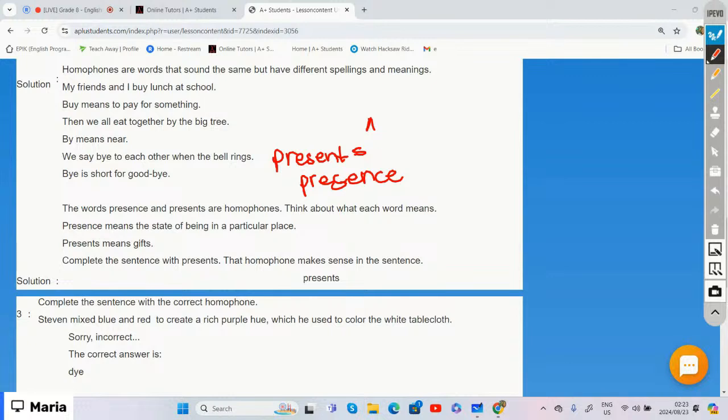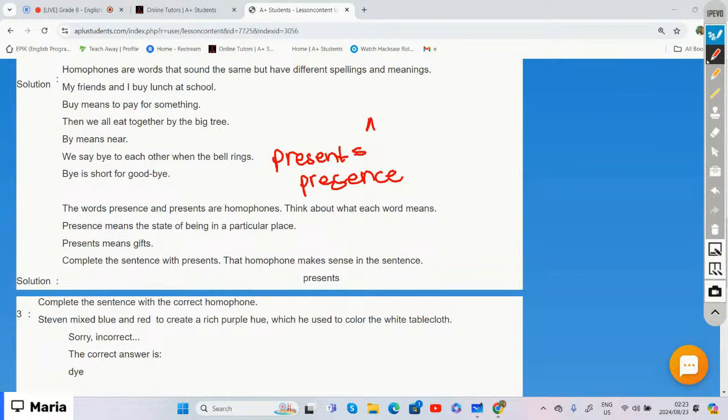Because the first word, presents, means gifts that you get either on your wedding day, on your birthday, or if there's any form of reward that is given to you, you get a gift, you get presents.